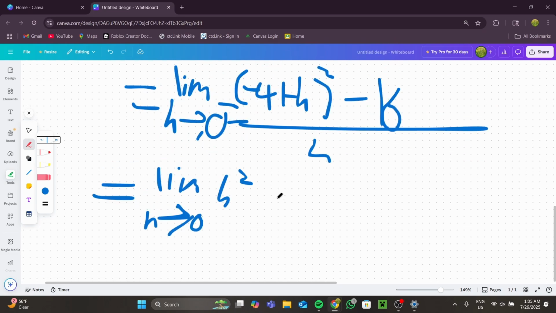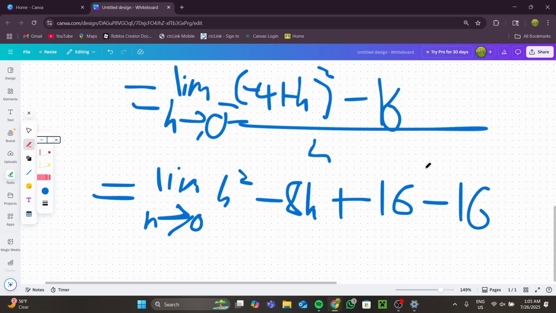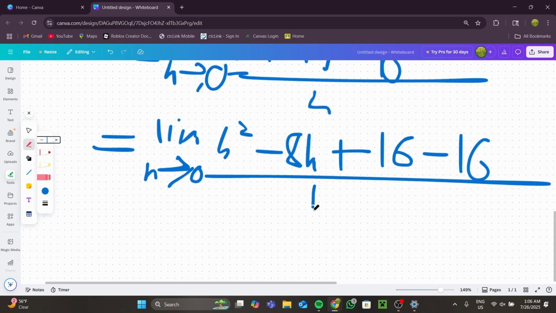H squared minus 8h plus 16, minus 16 from earlier, and then all over h.